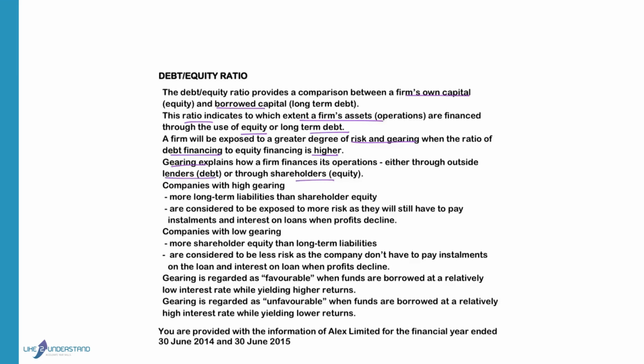Companies with a high gearing have more long-term liabilities than shareholders' equity. So that means they run the business on loans and not on own capital. They are exposed to more risk as they will have to pay the installments and the interest on the loan, even if the profits decline.